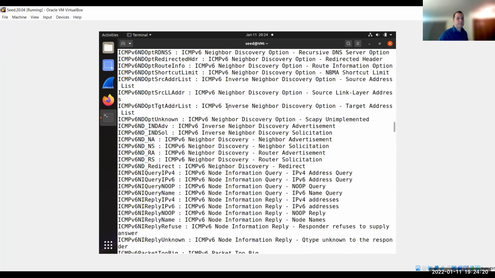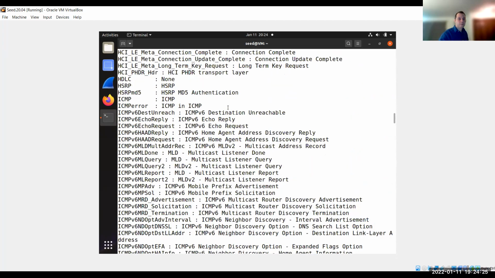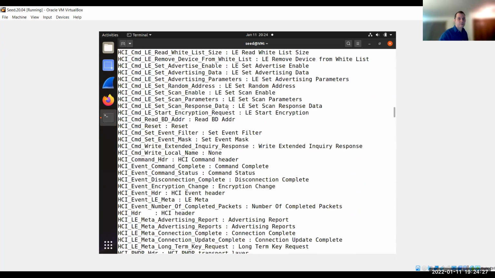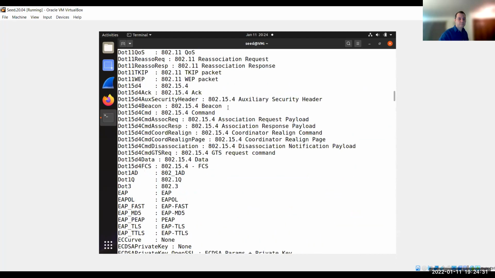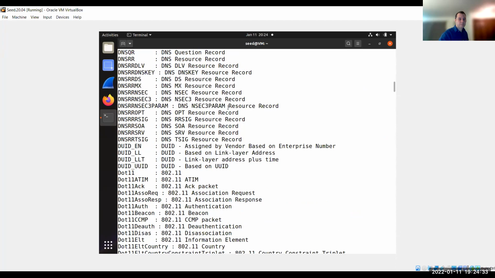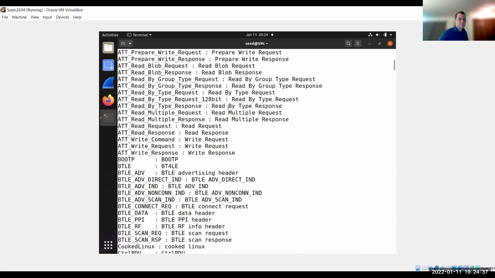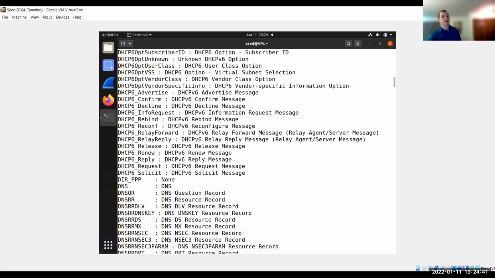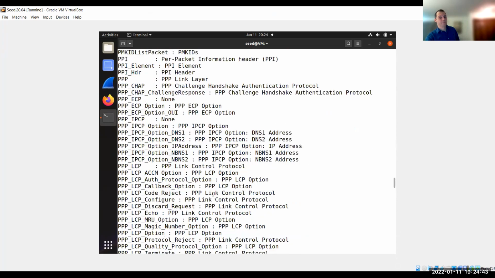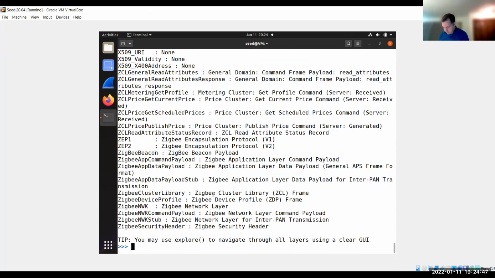IPv6 is there, ICMP protocols, which we will be playing with a lot this semester. So as you can see, it's an extensive list, DNS services, DHCP, and so on, right? So we've got a lot there that we can play with. All right, so that's kind of the first part of it.